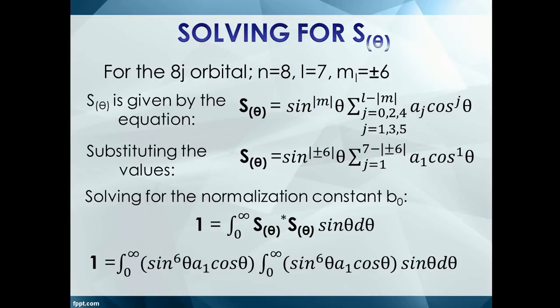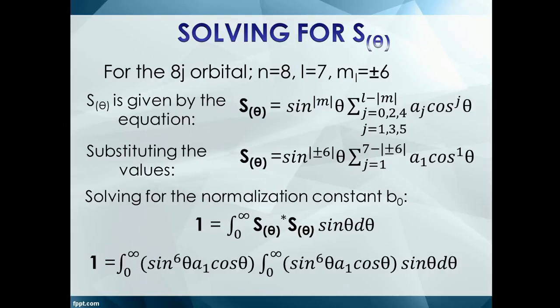Solving for the normalization constant a1, we use the equation 1 is equal to the integral from 0 to infinity of S theta complex conjugate times S theta times sine theta d theta.